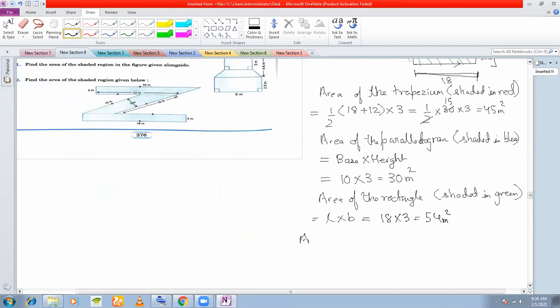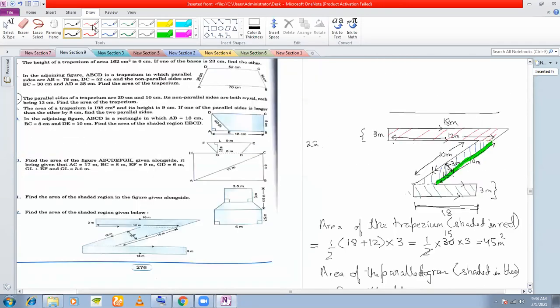So area of the figure, in this case they have given shaded region, but I'm not writing shaded region, is equal to area of the trapezium 45 plus area of the parallelogram 30 plus area of the rectangle 54. So this comes to 129 meters square.